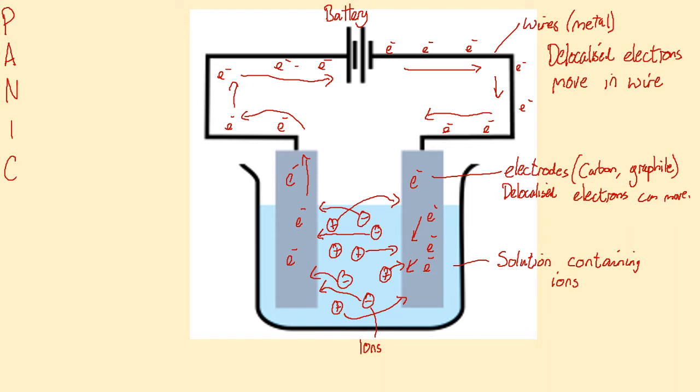It lets us know which electrode is which. So we have the positive anode and we have the negative cathode. And that lets us know what is happening to each one.